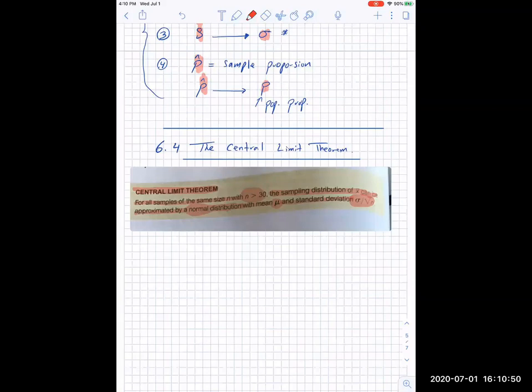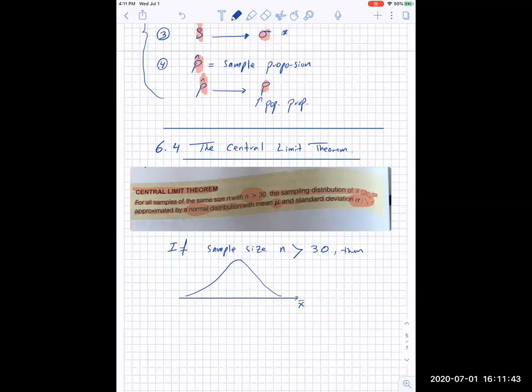Okay, so let me explain a little bit more. If the sample size n is greater than 30, then the distribution of the sample means, X bar, can be represented by a normal distribution, bell shape.